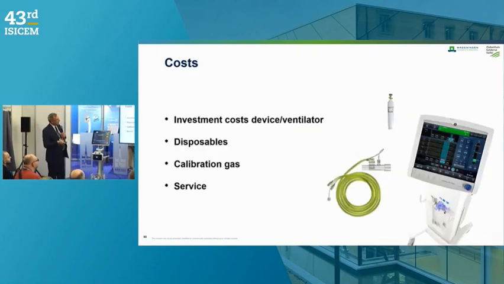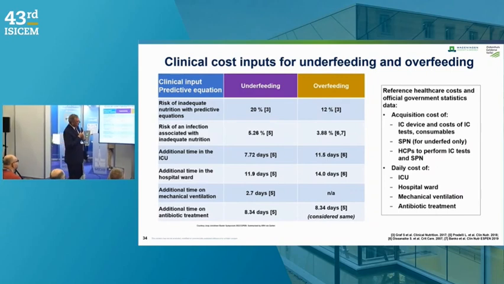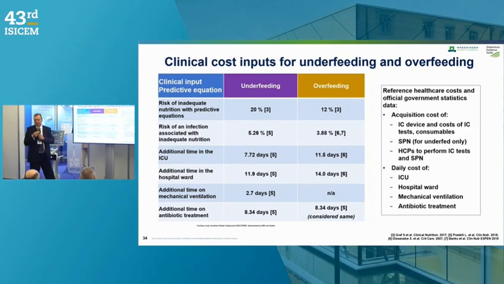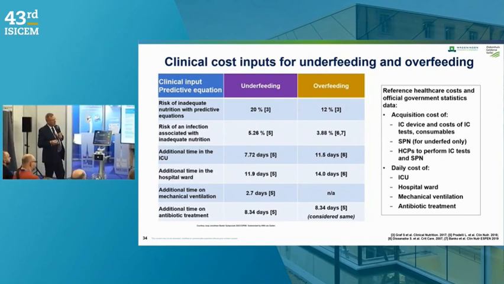So of course you have to also do the investments in the device, but you will probably earn also some money, and this is work done in Brussels, and they tried to calculate the costs and the incidence of the effect of under and overfeeding, and it saved days in the ICU and the hospital, reduced the number of infections, and by doing this you save some money.